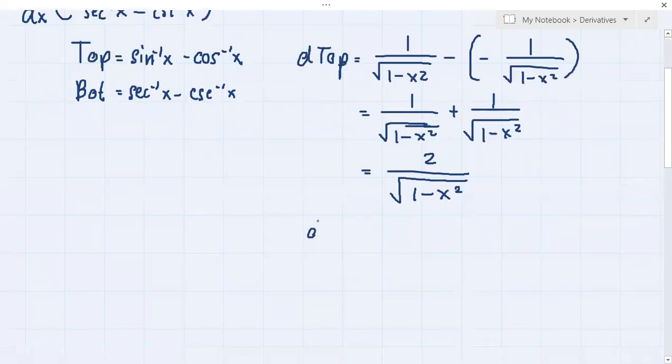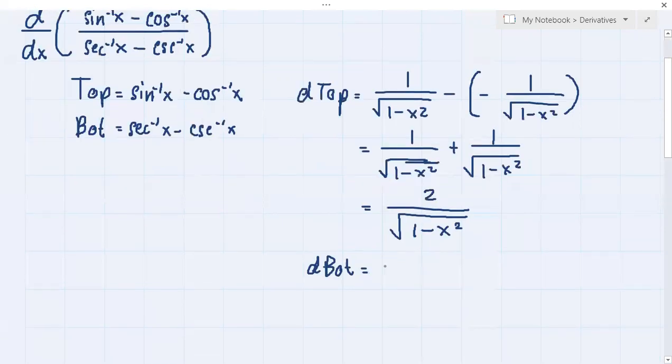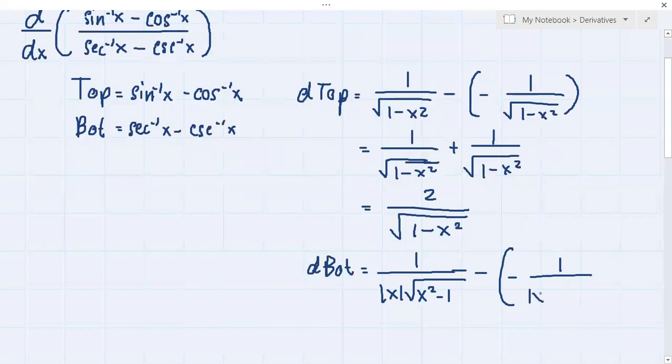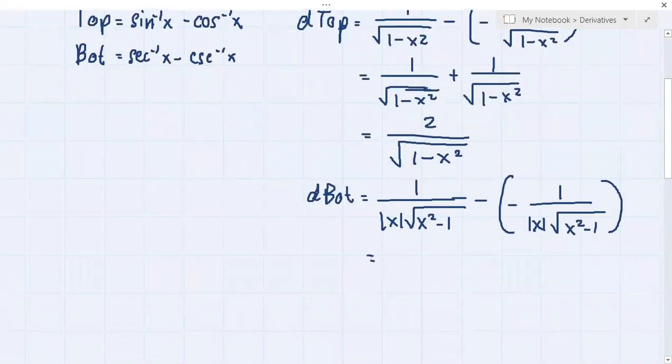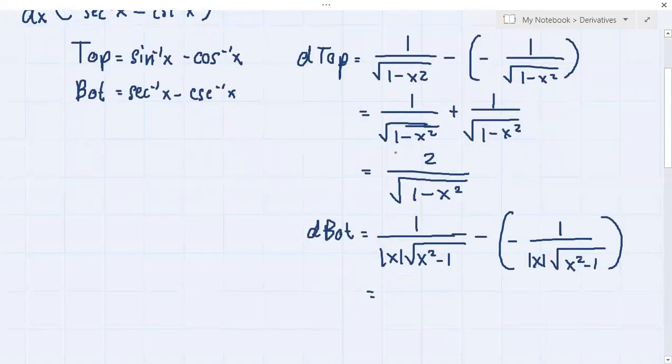Alright? Now, kunin natin derivative ng bottom. So, yung derivative ng bottom, first, let's kunin natin derivative ng arc secant x. So, ang derivative ng arc secant x is 1 over the absolute value of x times the square root of x squared minus 1. Minus derivative ng arc cosecant x. We have negative 1 all over the absolute value of x times the square root of x squared minus 1. So, parehas lang dun sa derivative ng top.